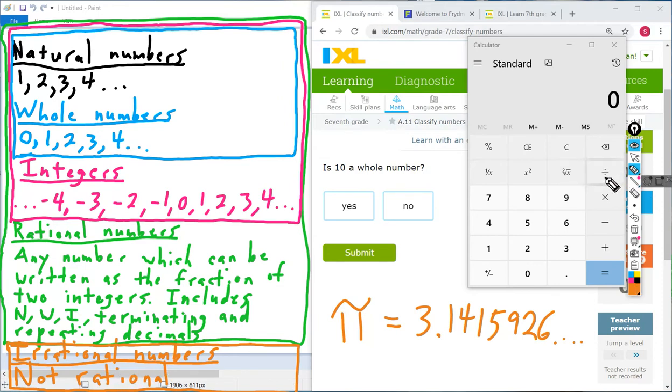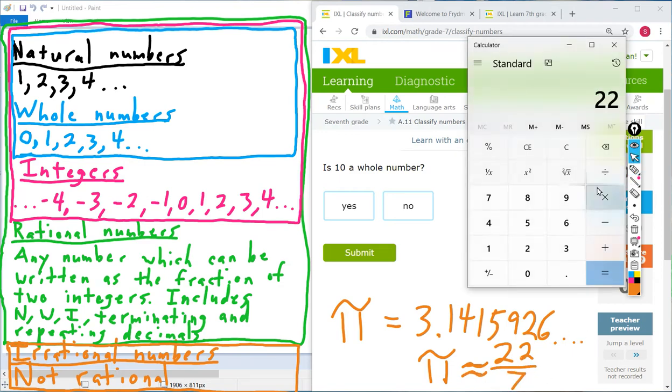You can write it as approximately 22 divided by 7. You'll get an answer here which is almost pi, but it's not exactly equal to pi. And in fact, you could try forever. You could try to write pi as approximately 22 over 7, like I did over here.